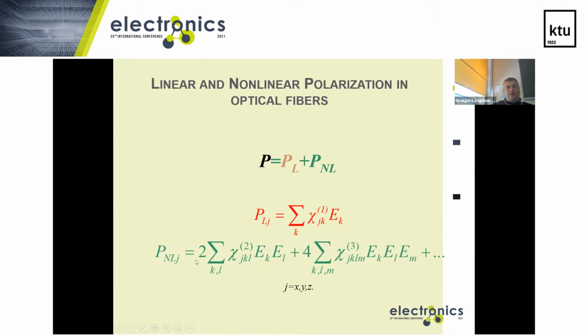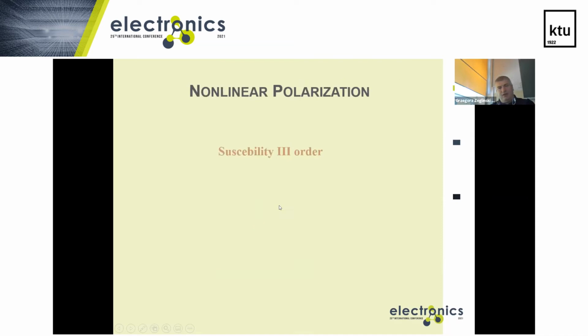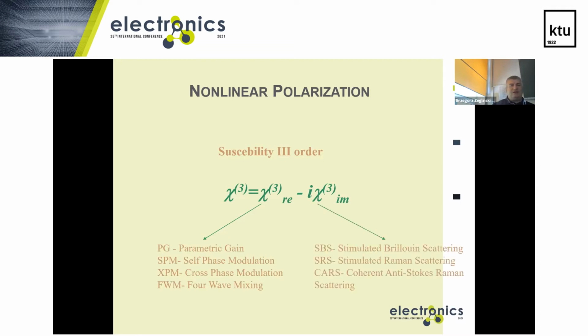The nonlinear part of polarization gives information about second order nonlinearity in optical fiber and third order nonlinearity in optical fiber. In glass fiber, we have only this part of nonlinearity, which is called, for example, in special cases, the optical Kerr effect.